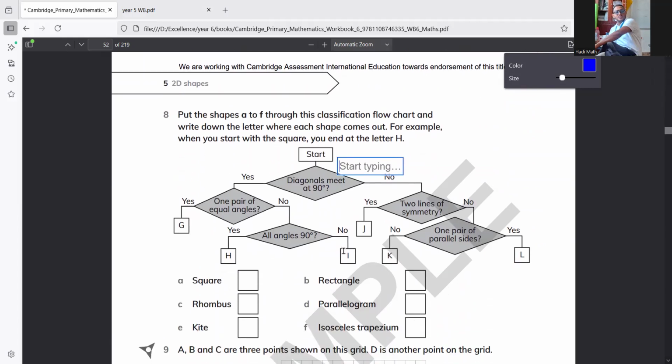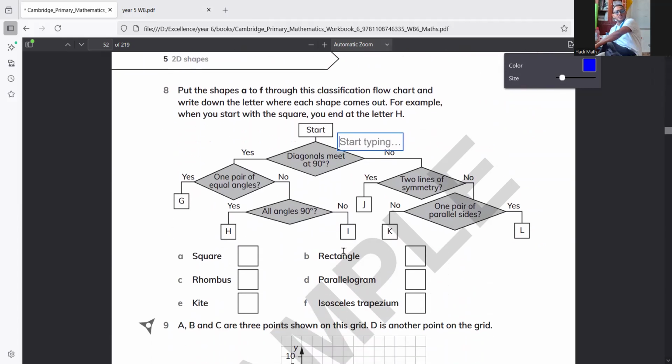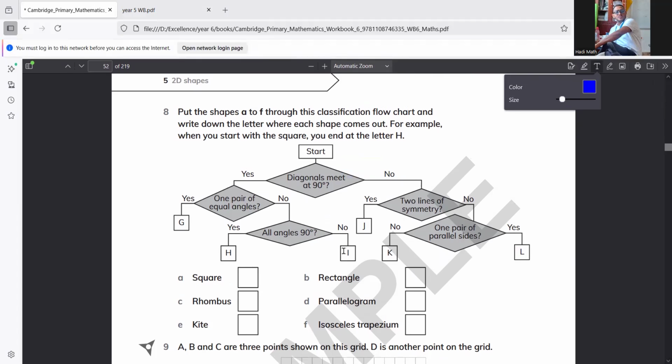Let's put these shapes A to F in this classification flowchart and write down the letters, okay, where each shape comes out. For example, when you start with a square, you end at what letter?